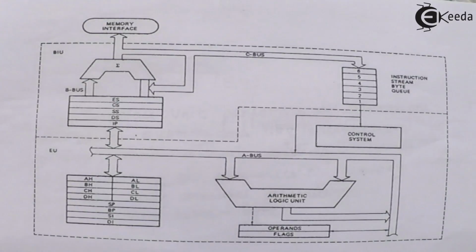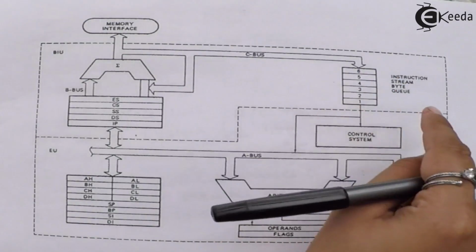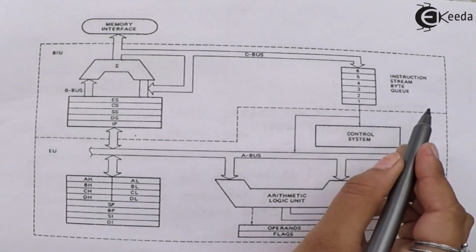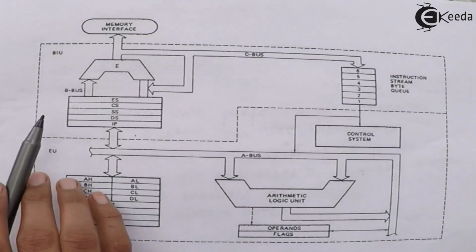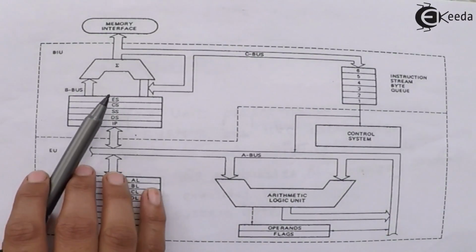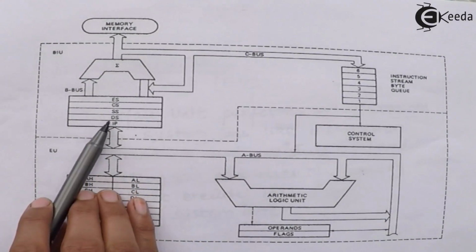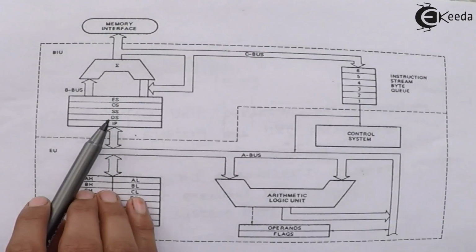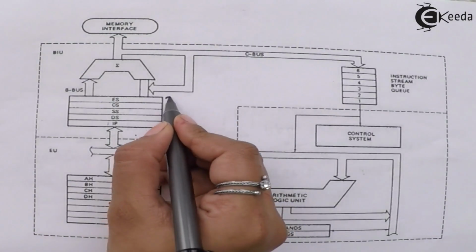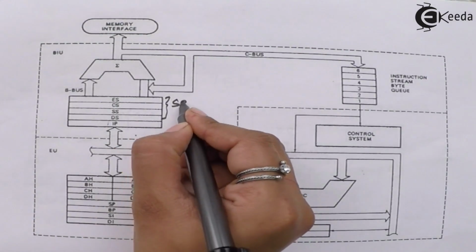Those are stored in the instruction stream byte queue. Then we have the segment registers: the extra segment, code segment, stack segment and the data segment registers. So these 4 are the segment registers.